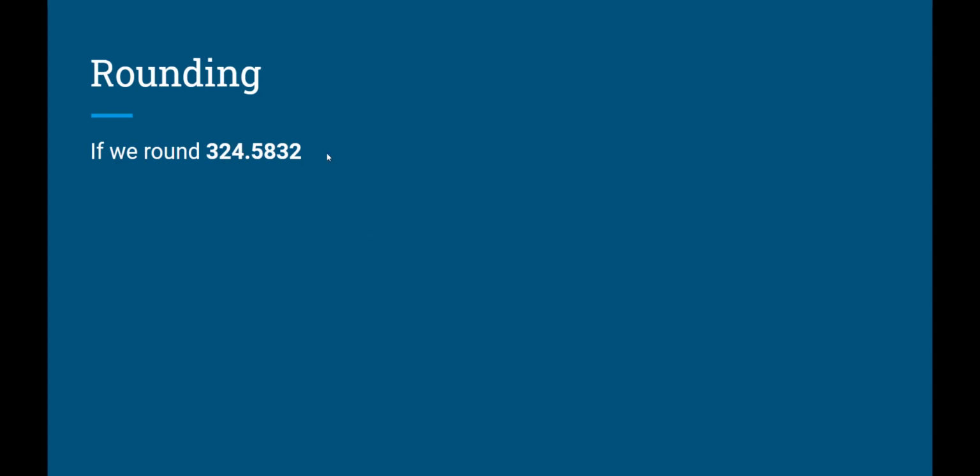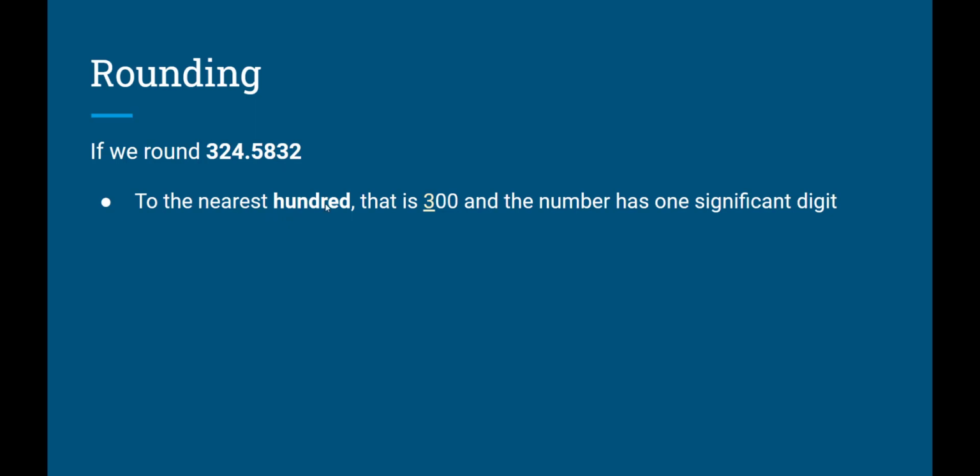Now we're going to review rounding a bit. If I have a number such as 324.5832, the hundreds place is where the 3 is located. I've underlined the 3 here. If I want to round to the nearest hundred, I identify the digit that is in the hundreds place.